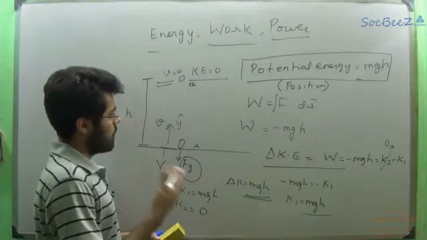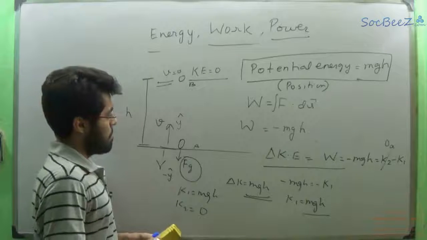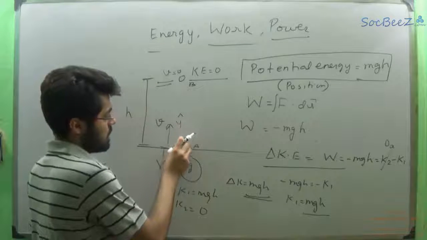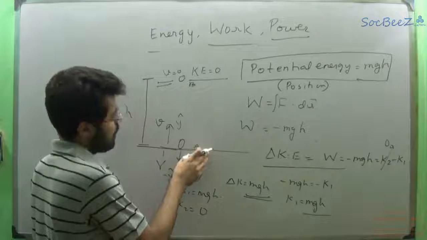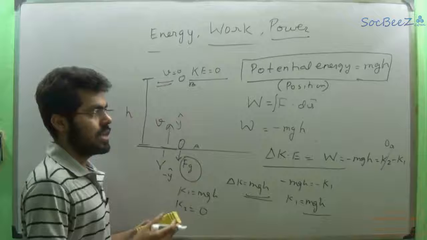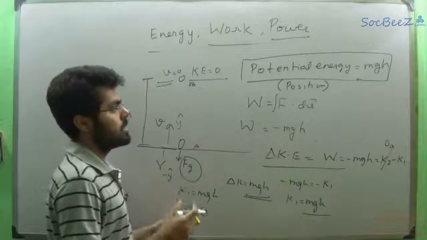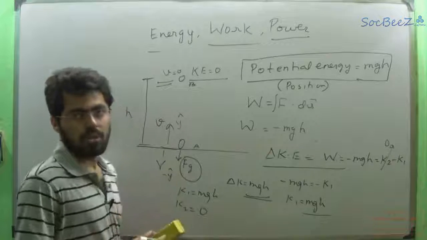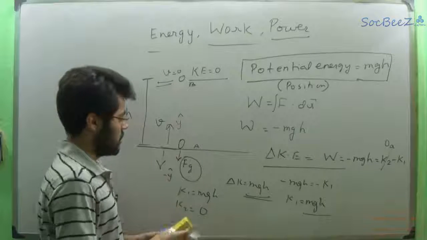So if we talk about it in a different way, if a body is being taken from ground level to a higher level, there is a change in its height, and that change brings in the change in potential energy, that is mgh.